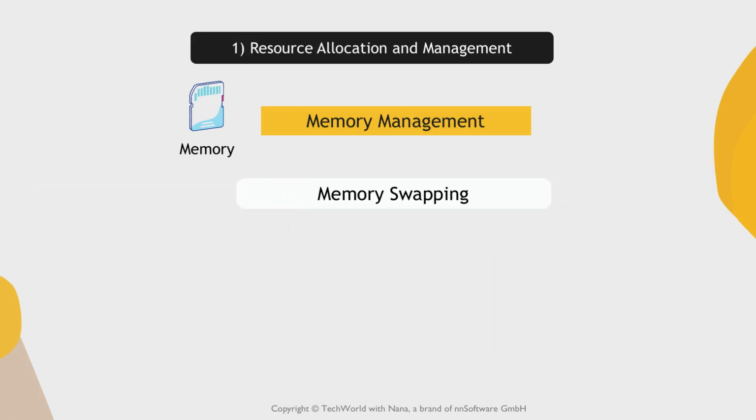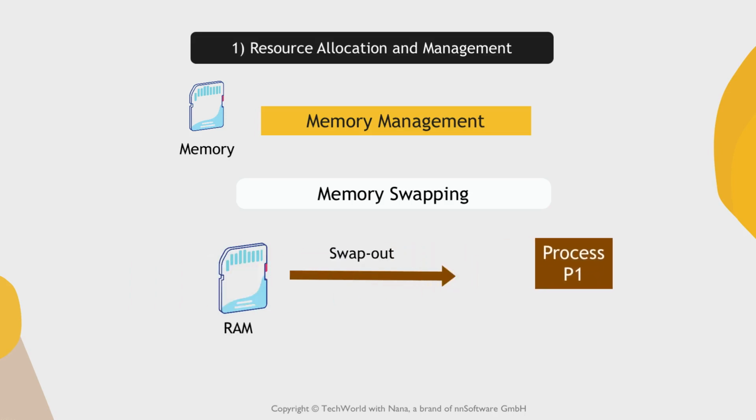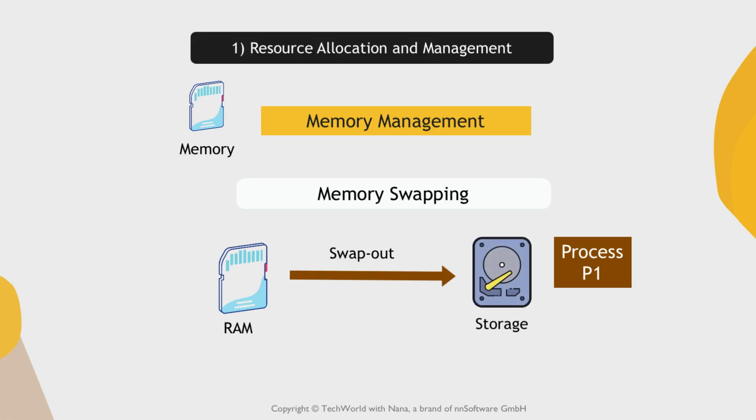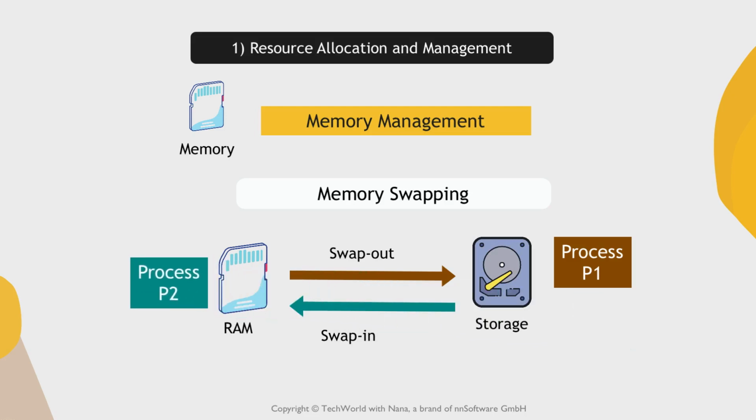In this process, the operating system will unload memory, or basically clear that memory storage for that application, and then save it into a secondary memory, the storage, and load the new process's data in that cleared memory.